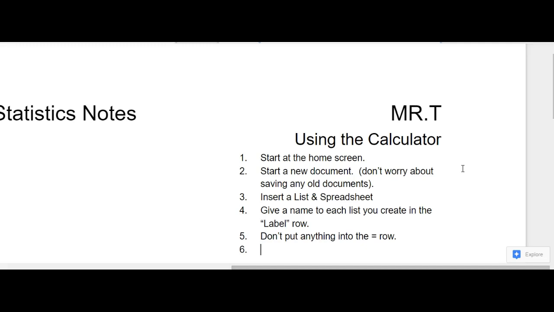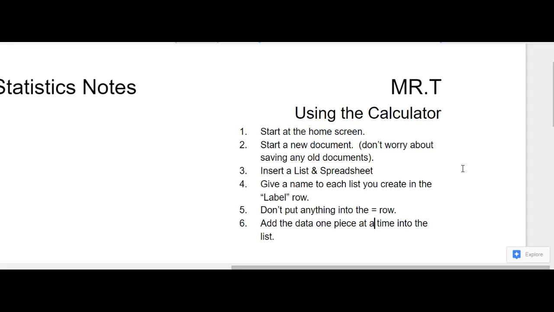And then we add the data one piece at a time into the list, right? So one element at a time. I probably should say element at a time, right? One element at a time into the list. So now we've got a bunch. I'm making a list right now, and you can do this as a practice.